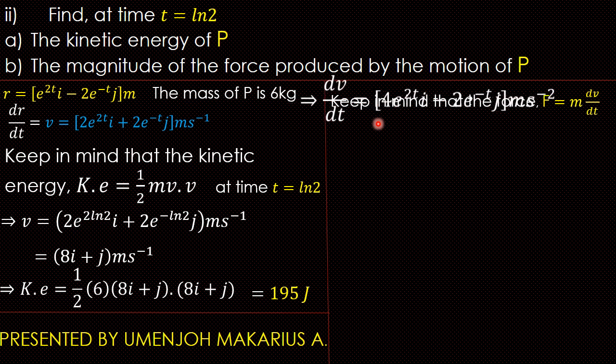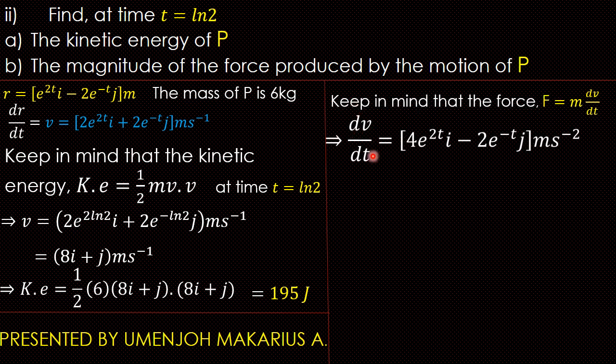So guys, if we differentiate the velocity, we are simply going to have our dv by dt be the same as differentiating this, which simply gives us 2 times 2, which gives us 4 e raised to the power 2t in the sense i, then the negative comes, we have minus 2 e raised to the power negative t in the sense j meters per second squared. Good.